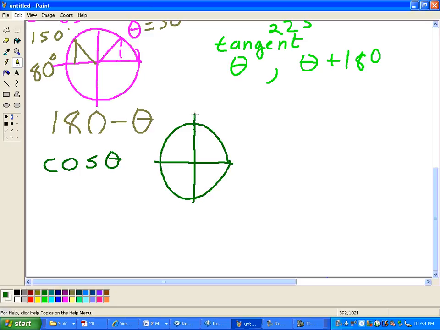If I pick a place for cosine, that would be over here.